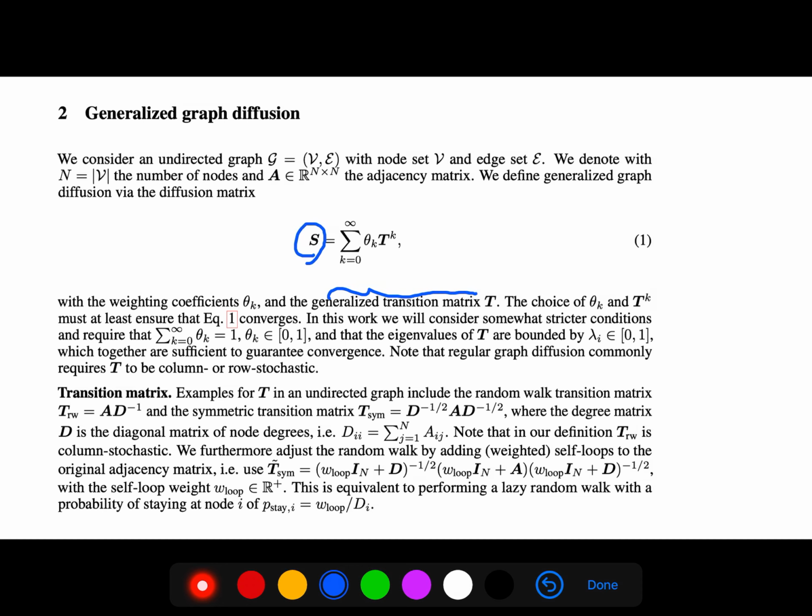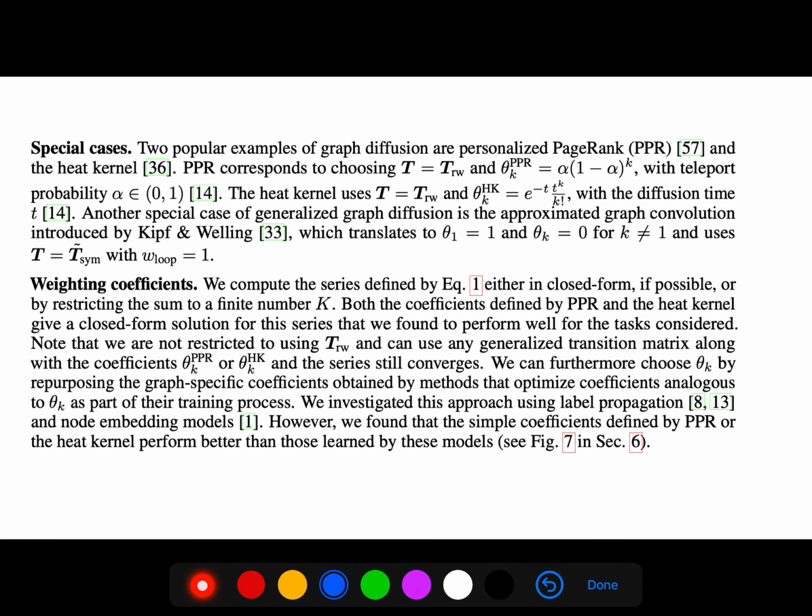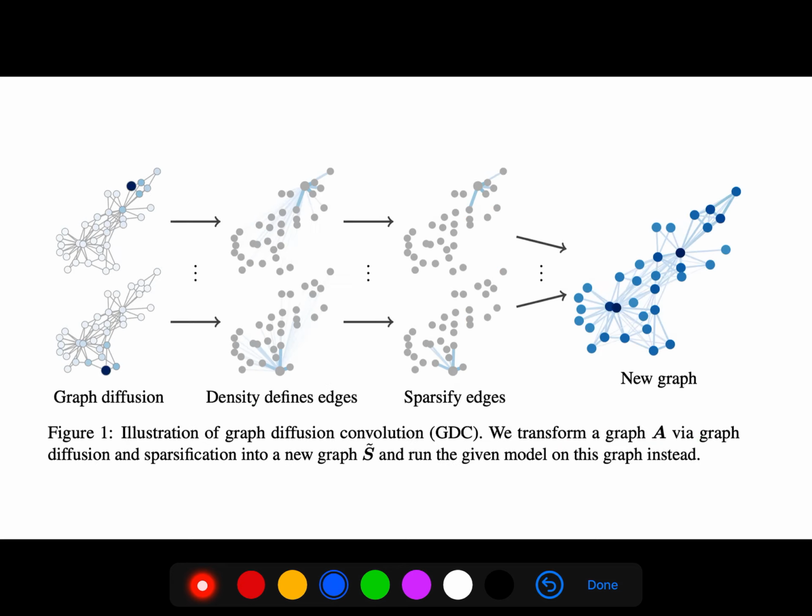Examples for the transition matrix in an undirected graph include the random walk transition matrix and the symmetric transition matrix. Special cases are personalized PageRank, the heat kernel, and so on. So in graph diffusion, we have dense edges, then we sparsify the edges here, and then we have the new graph.